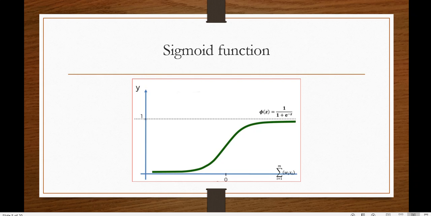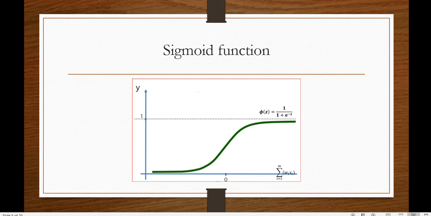Now this is another version, another different activation function, that is sigmoid function. If you follow this diagram, you will be able to understand that here the value of y is ranging between 0 to 1, but it can have any value between 0 and 1.